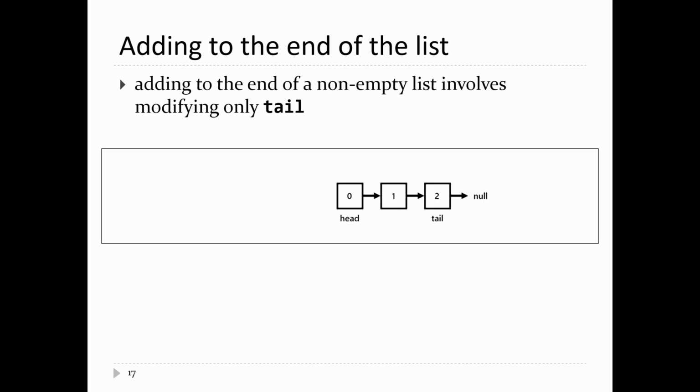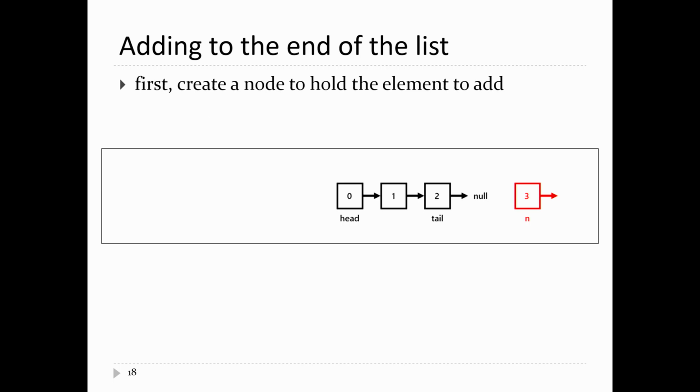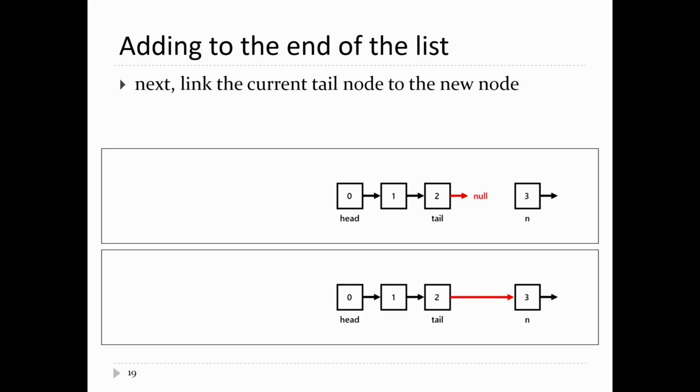If you want to add to the end of a non-empty list, you need to make a new node to store the new element. So there's my new node. Once you've got your new node, you want to hook up the old tail node so that it refers to the new node you just created. So I want to adjust this tail's next so that it's equal to n.